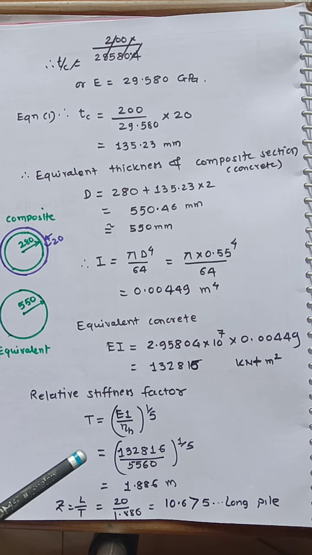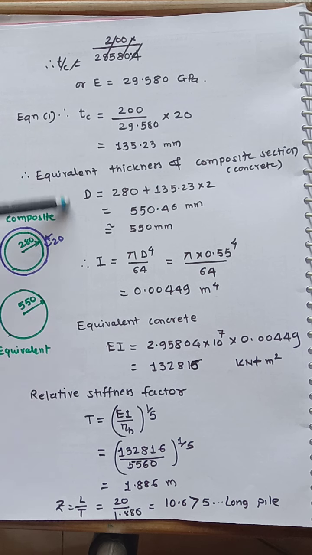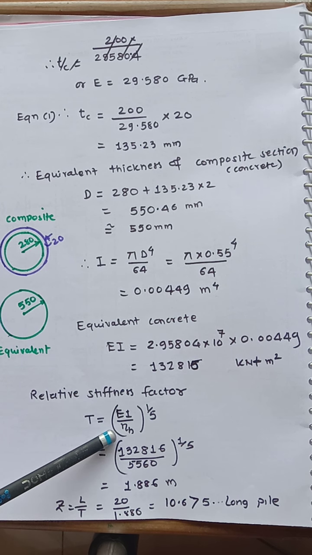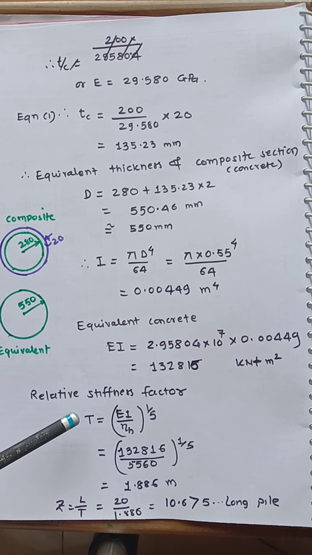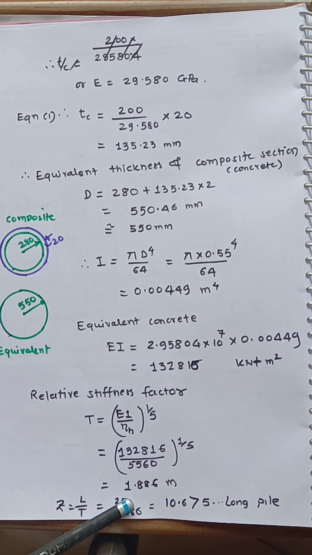Now calculate the stiffness. All this exercise is done to determine the T value, the relative stiffness factor: EI upon the coefficient of subgrade reaction, to the power 1/5. So finally the T value is calculated as 1.886 meter.